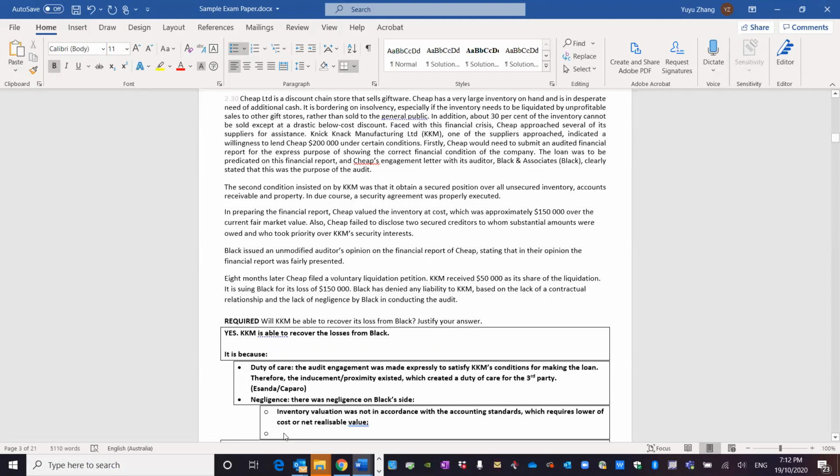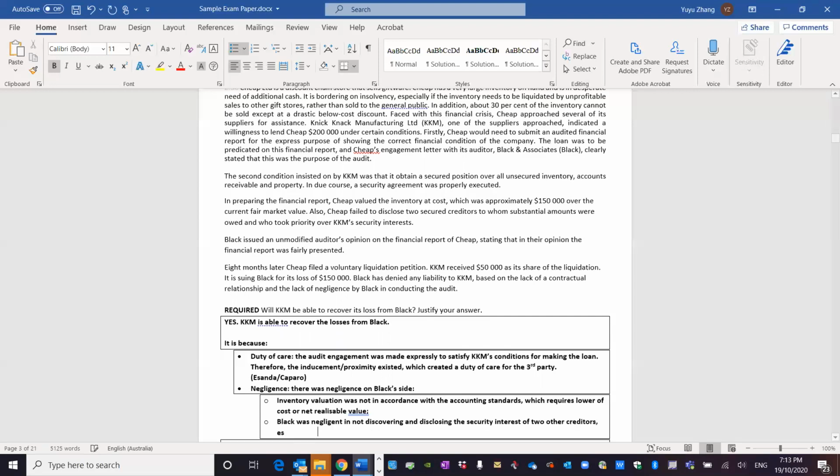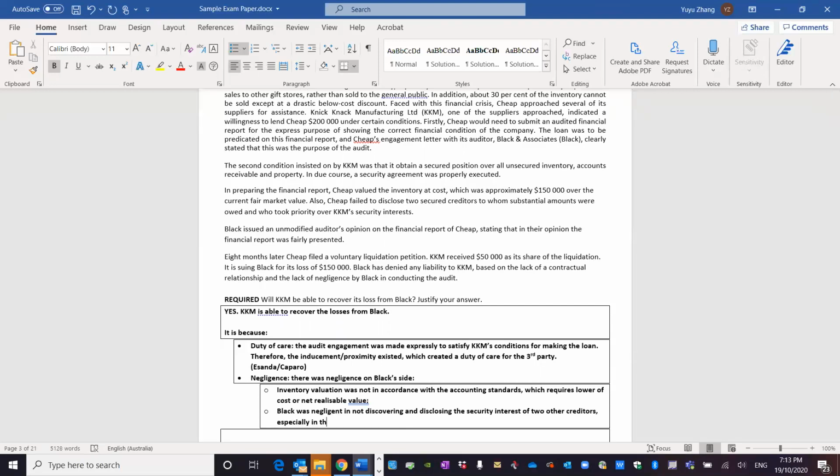So also Black was negligent in not discovering and disclosing the security interest of two other creditors, especially in view of the facts surrounding the purpose of the engagement.